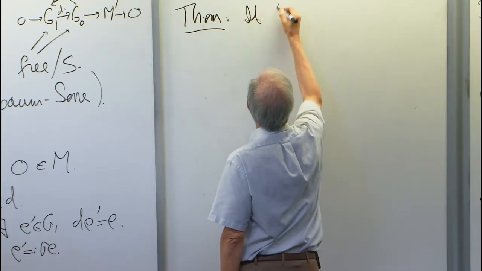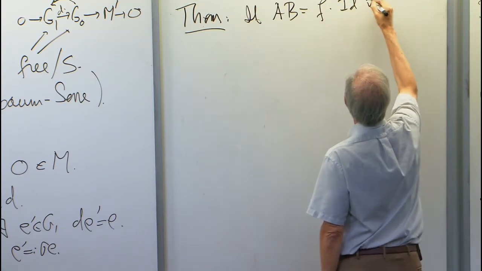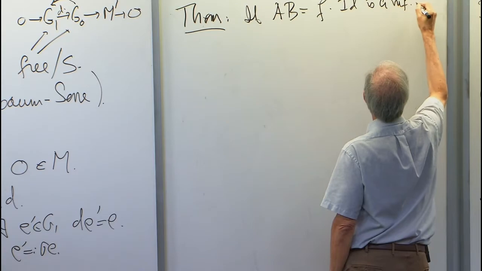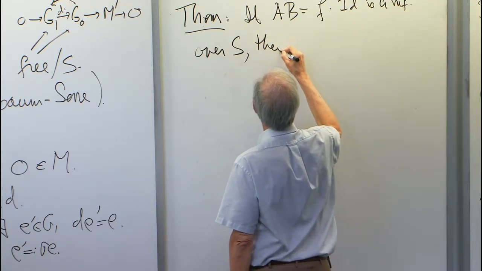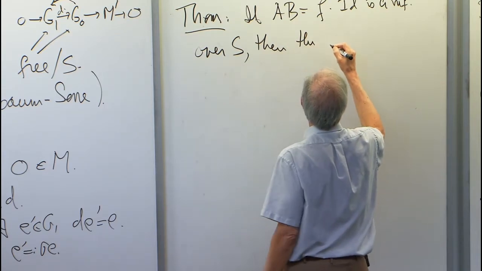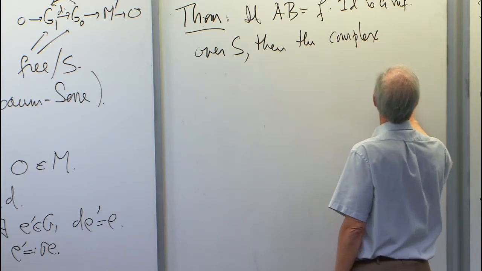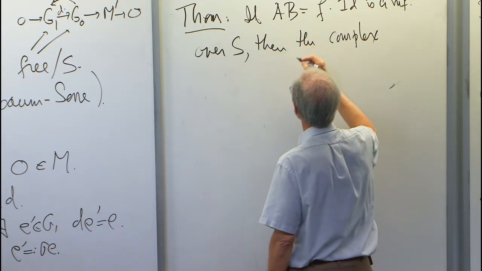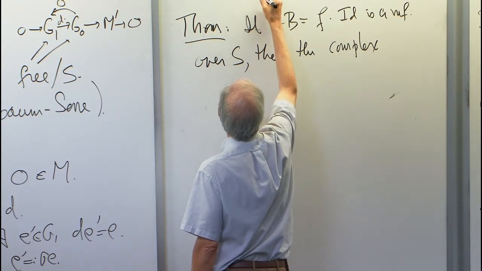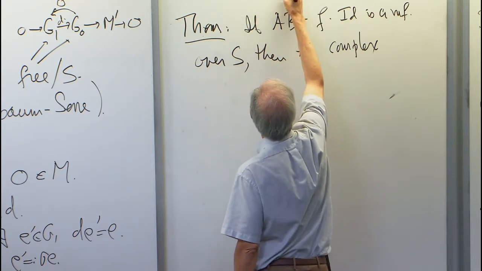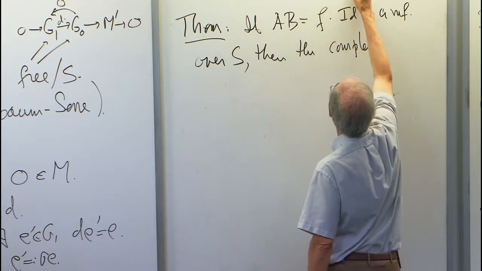If AB equals F times the identity, is matrix factorization over S, then the complex, let's see, so let me write A is a map from, let's say, F1 to F0, and B is a map from F0 to F1.